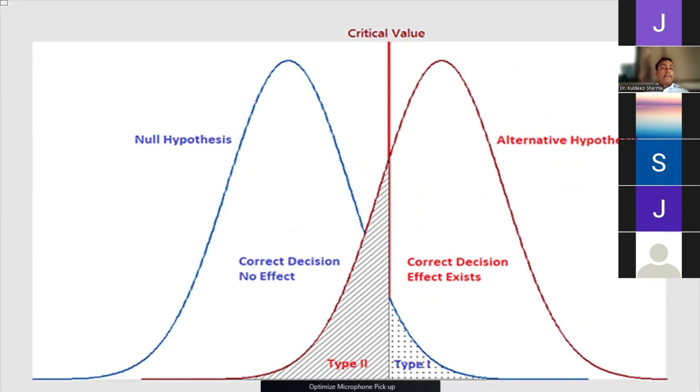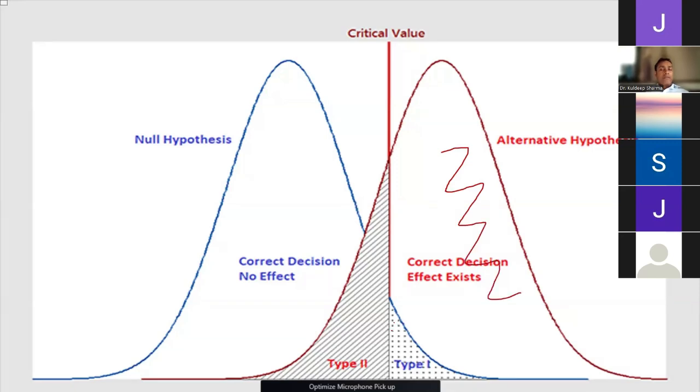This is to find out the normality of the data. But here also we have a concept like type 1, type 2 error. Okay? This is entire correct area.